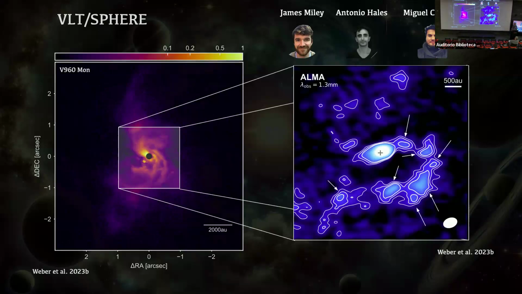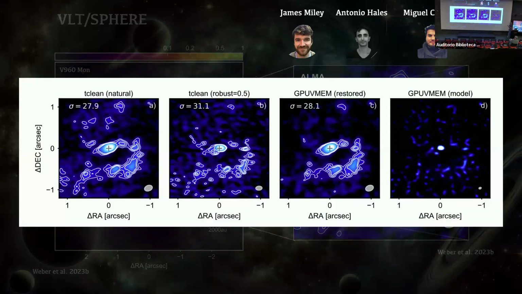And to make sure that this is a real signal, we tried to reproduce this image with several different techniques. On the left you can see T-clean, which is a standard method to reduce ALMA data. Then we also used an independent method, a maximum entropy method, done by Miguel Cargamo, where we can see qualitatively the same structure reappearing.